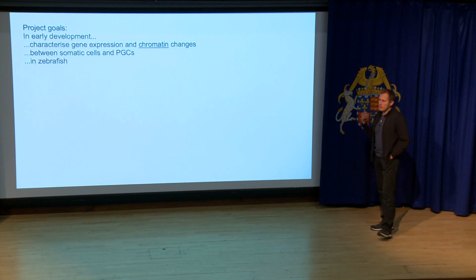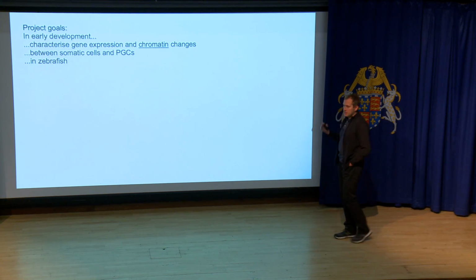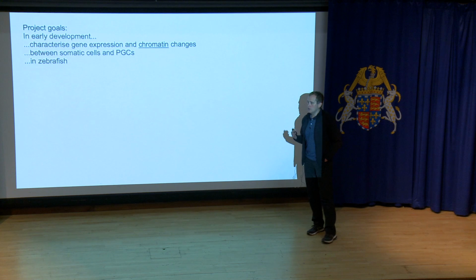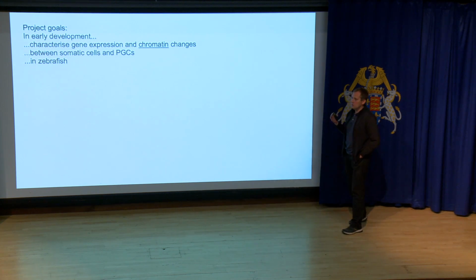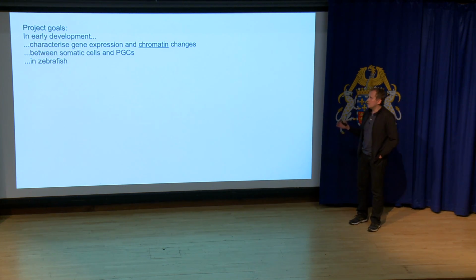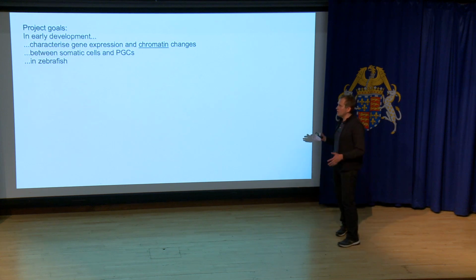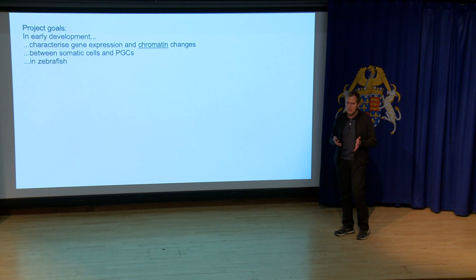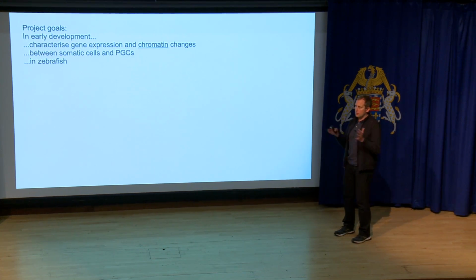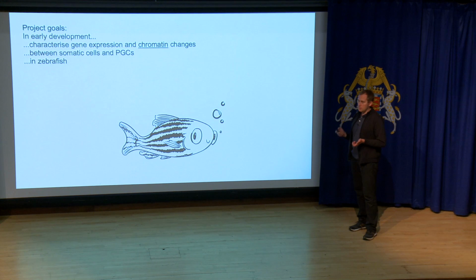And since we are in the era of deep sequencing of everything, this project is about characterizing the differences on the genome-wide scale of gene expression and chromatin between somatic cells at earlier and later stages, and between these somatic and PGC cells, and we do it in zebrafish.